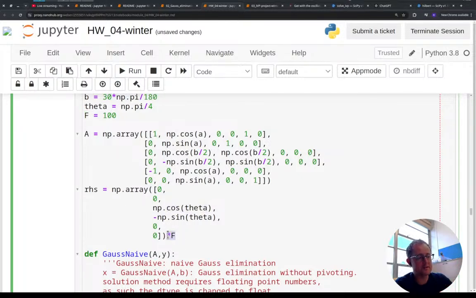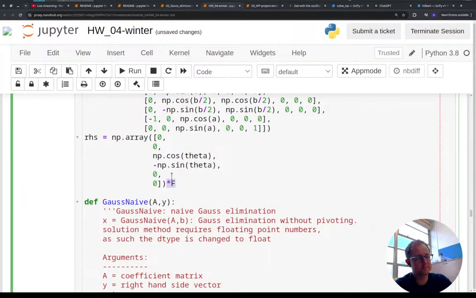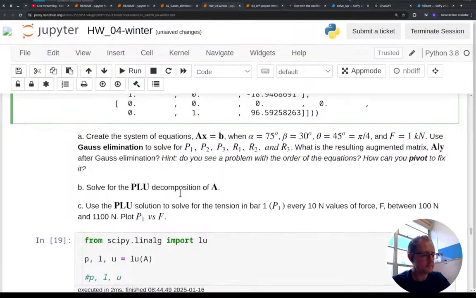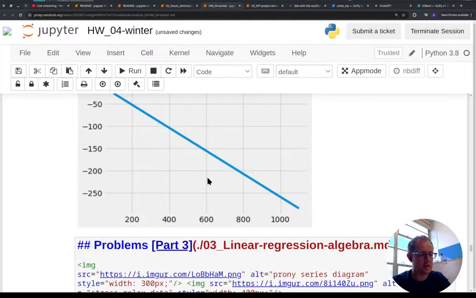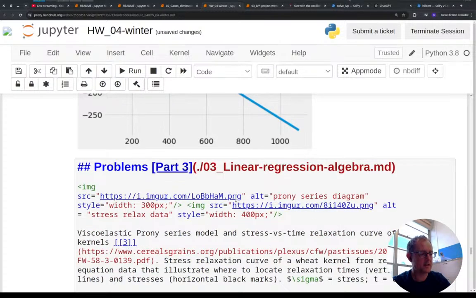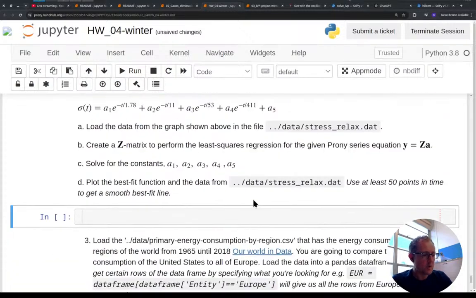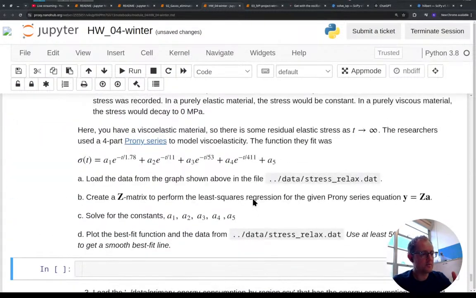But here I'm just multiplying by a scalar, so it was 100 and I'm just multiplying by my new force divided by 100. So it's always a straight line like that whenever it's multiplying by a scalar. Cool.